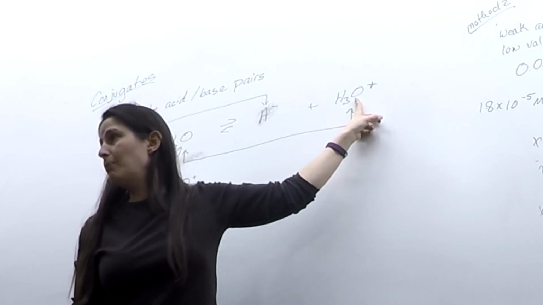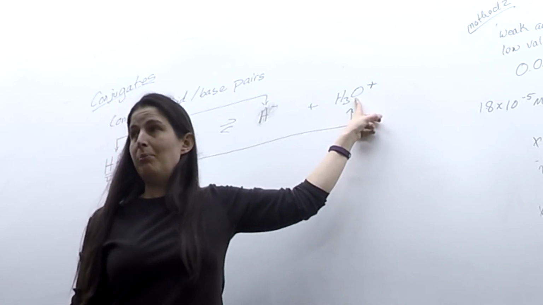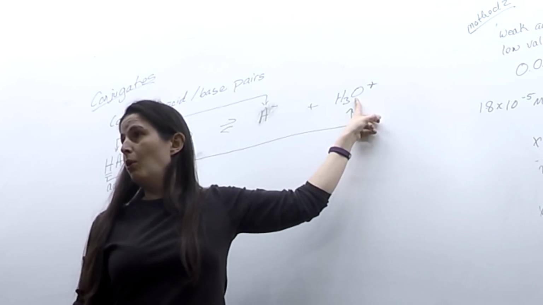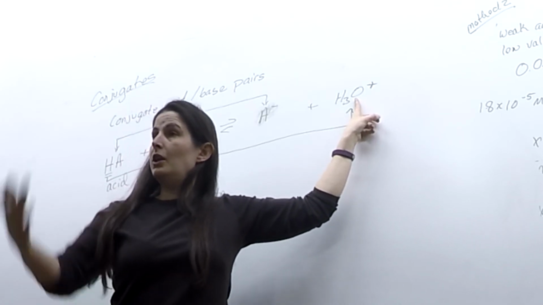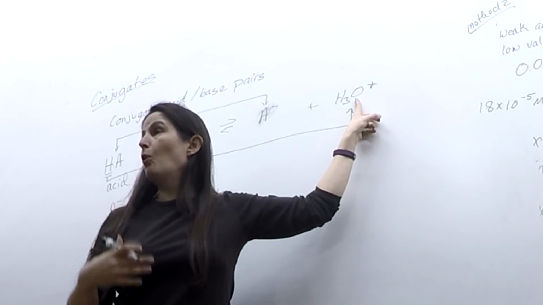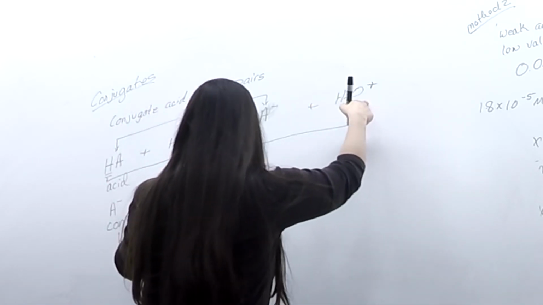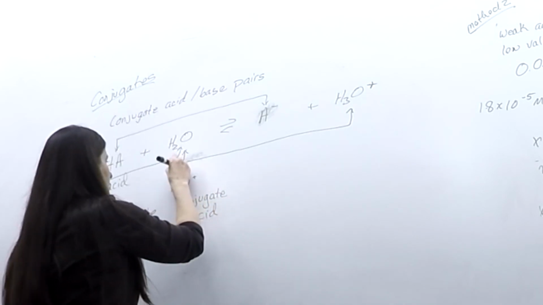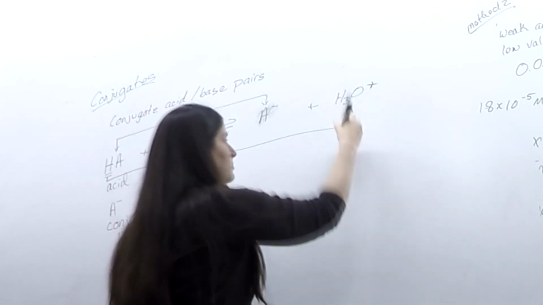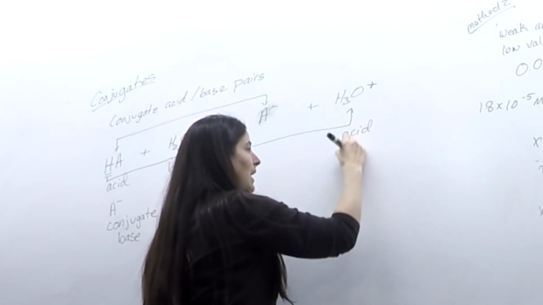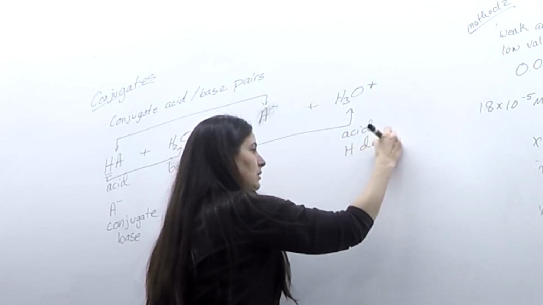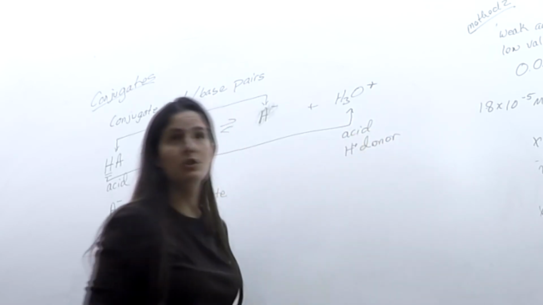This cannot accept any more hydrogen. You can't put any more on here. So the only thing you can do is remove a hydrogen, so donating a hydrogen. So now the opposite of the base becomes an acid, because now it is the hydrogen donor.